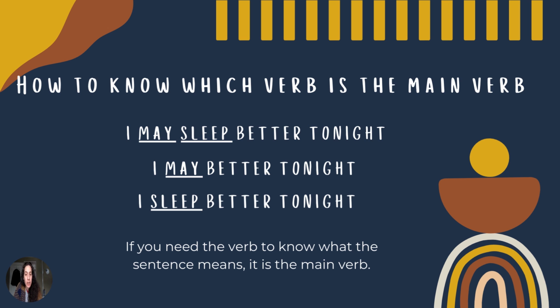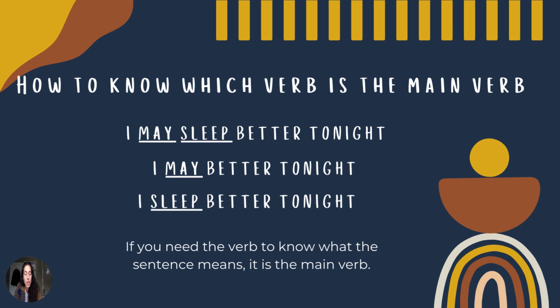If you need the verb to know what the sentence means, that is your main verb. So through this example, we see that sleep is the main verb because that's the verb that we need in the sentence to understand the sentence meaning, where may is going to be the helper verb.